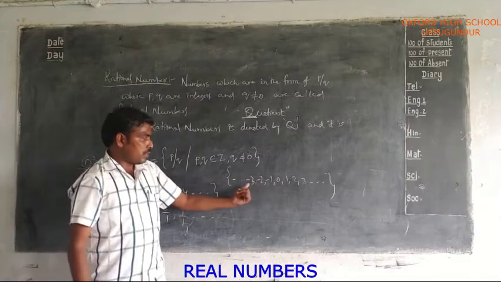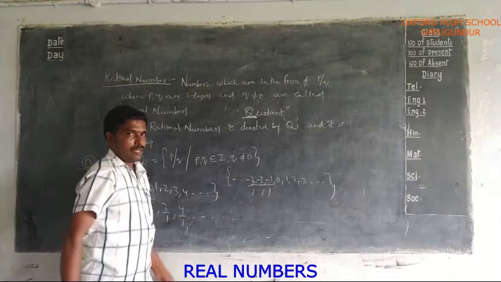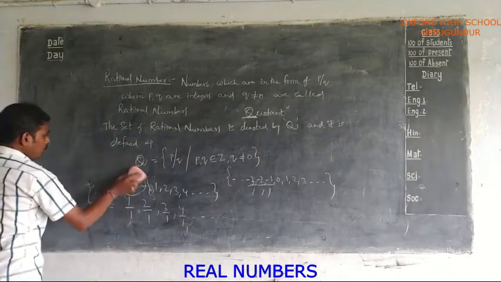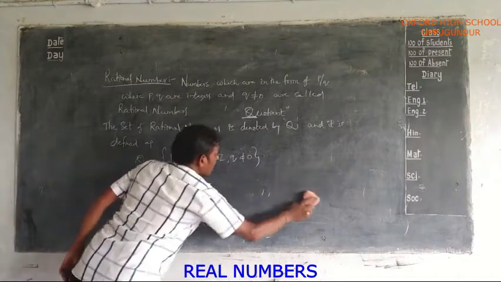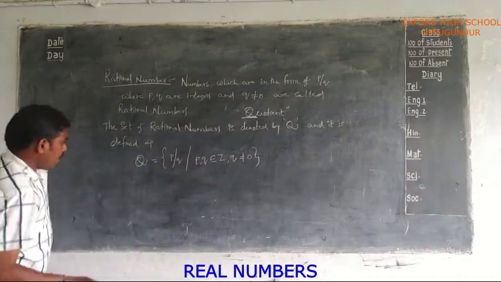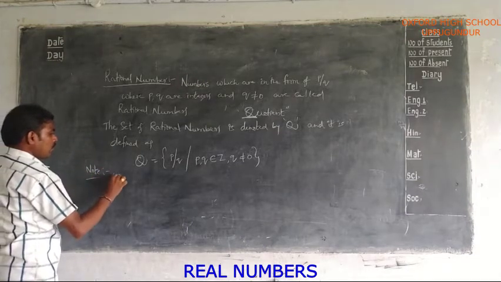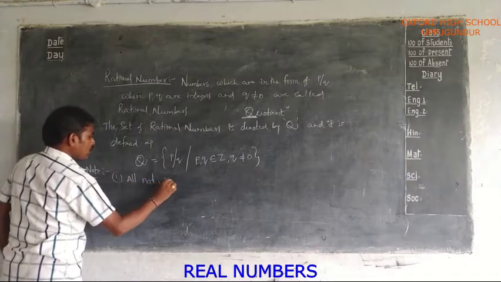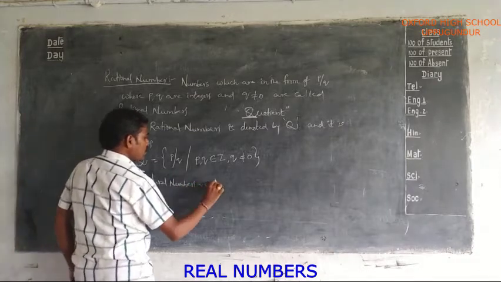Similarly, integers also: negative numbers you can write as -3 by 1, -2 by 1, -1 by 1, like this. So from this, finally you can conclude: all natural numbers are rational numbers.